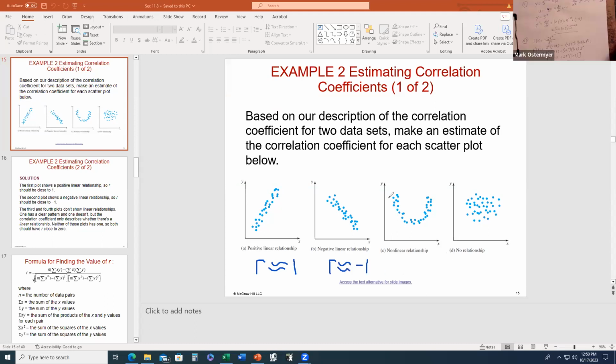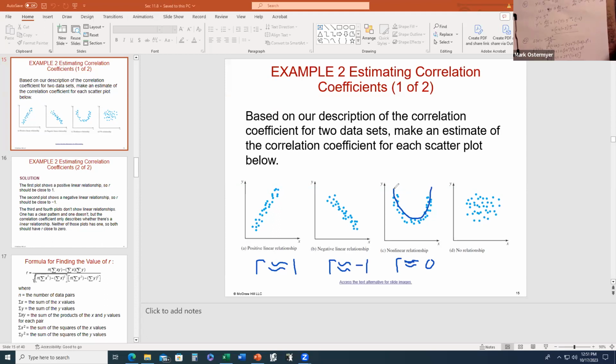And for this third scatter plot, we would expect R, being a linear correlation coefficient, to be very close to 0, because there is no linear relationship with this ordered pair data here.